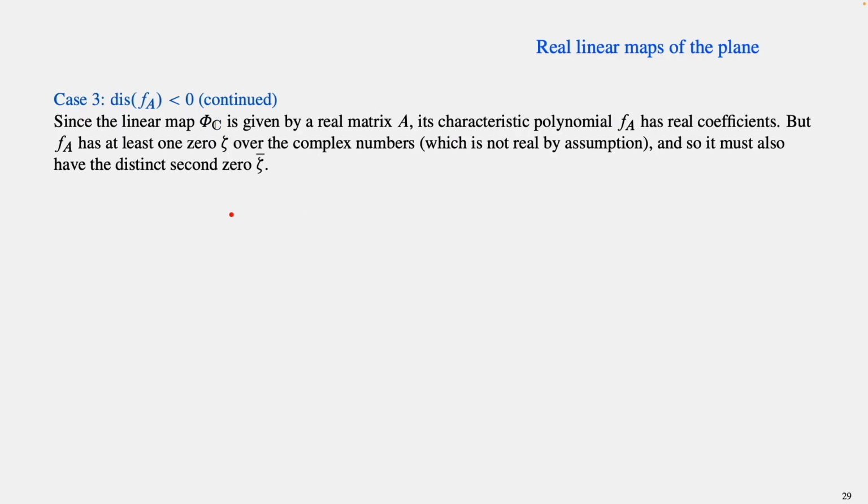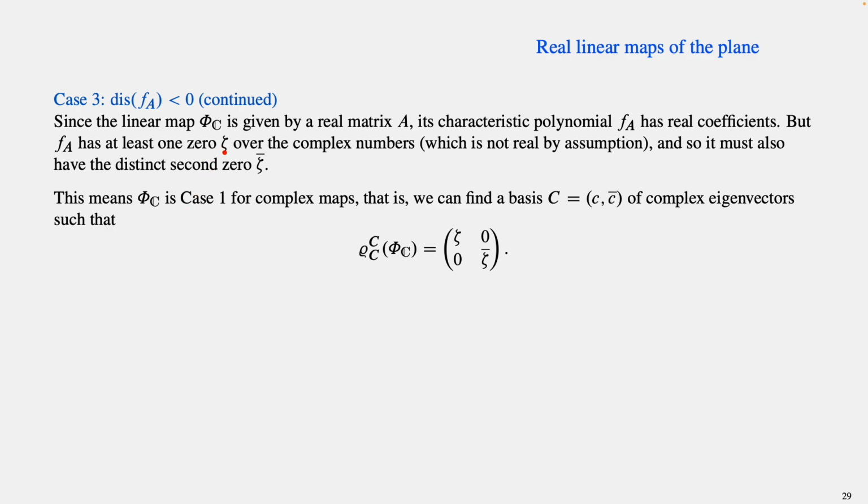Let's continue to study our case 3. We know that the linear map phi c has a real matrix. So its characteristic polynomial fa has real coefficients. And by what we just proved, since fa has at least one complex 0, because of our initial assumptions this is not a real number, it must also have a distinct second 0, namely zeta bar.